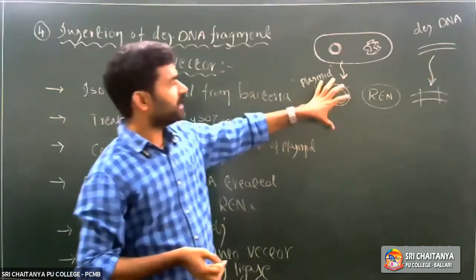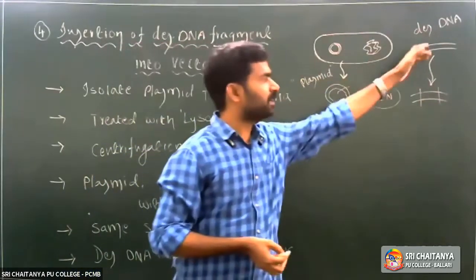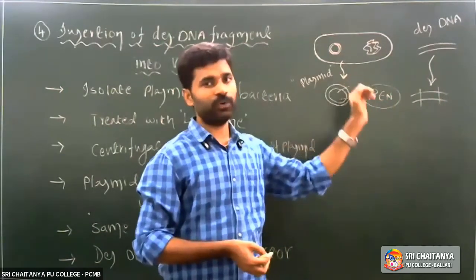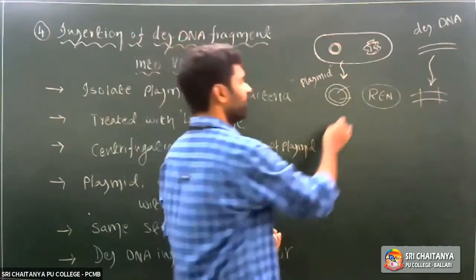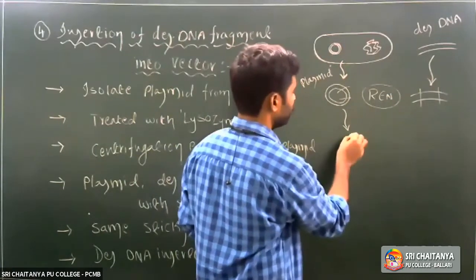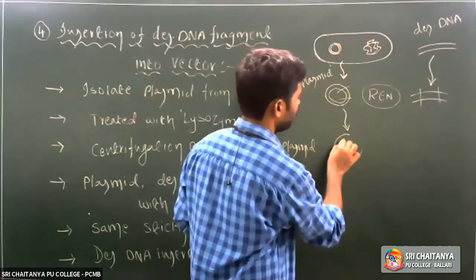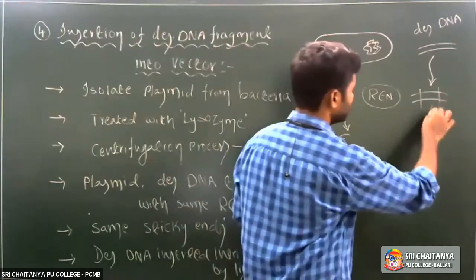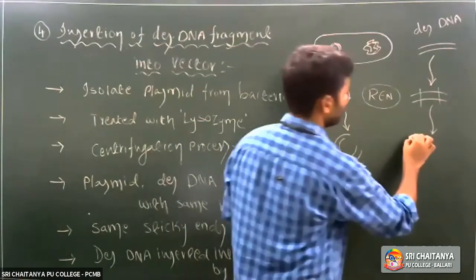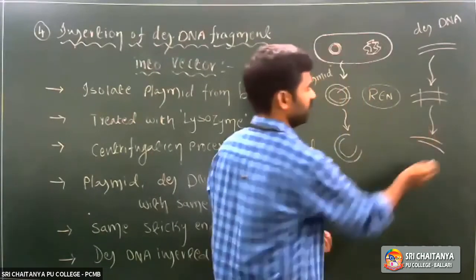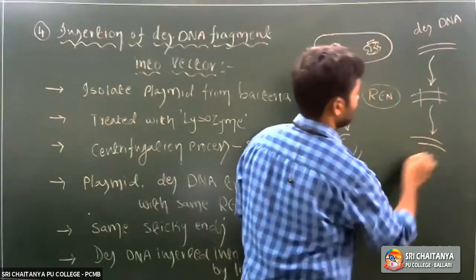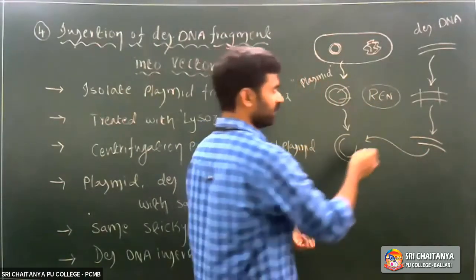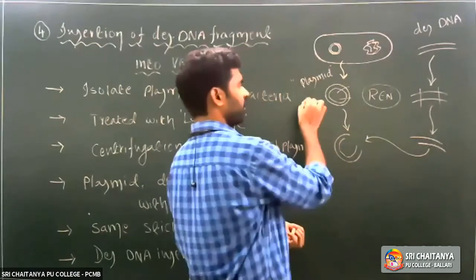So it results in the formation of the same type of sticky ends. Right. Now we have to insert that desirable DNA segment into the vector or plasmid.